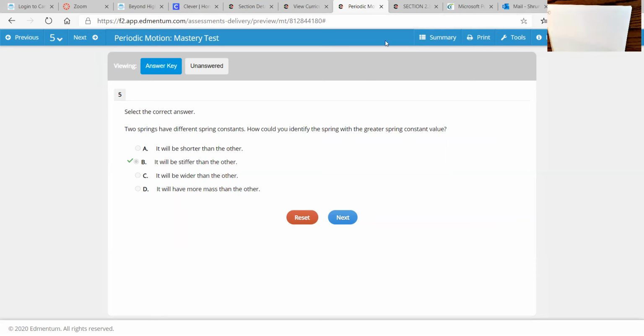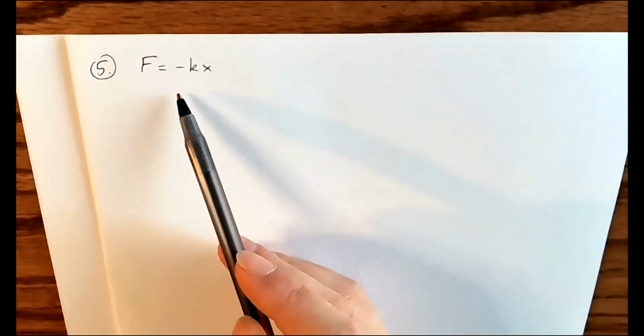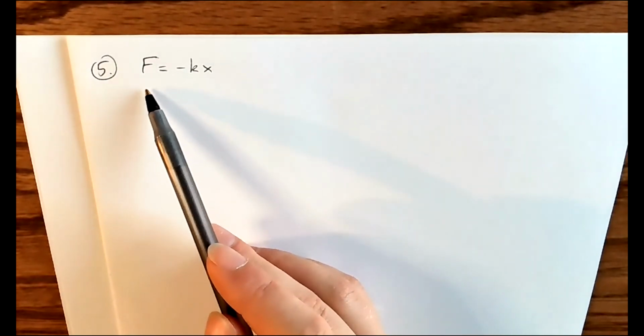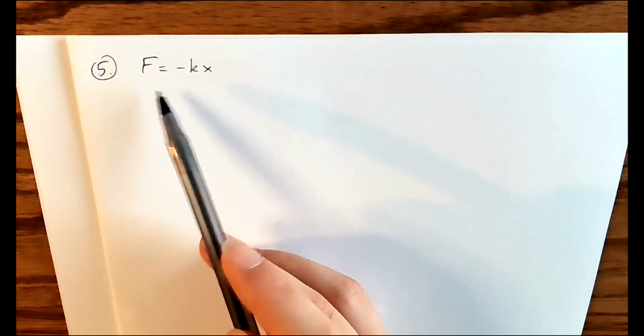Remember Hooke's law. F equals negative kx. Well, if one has a higher k, then it's going to take more force to move it.